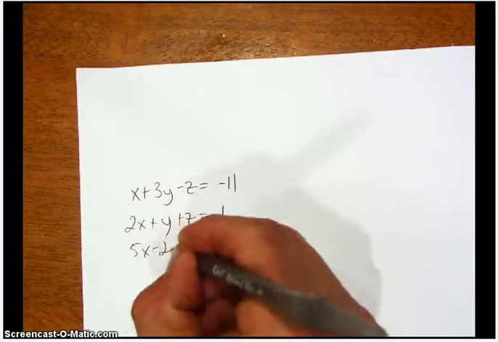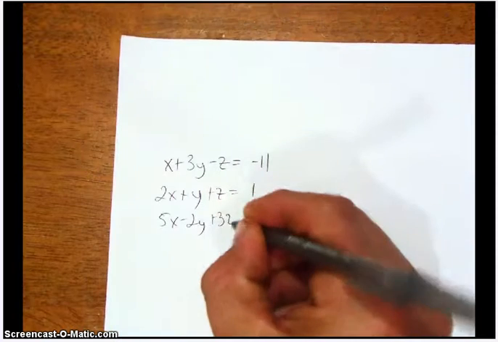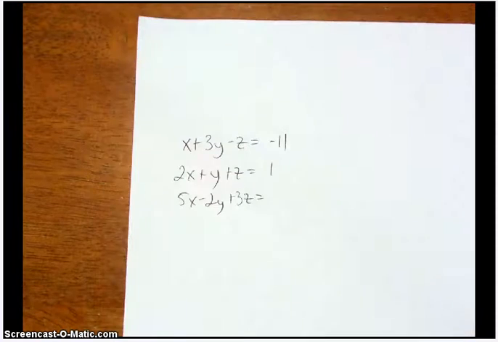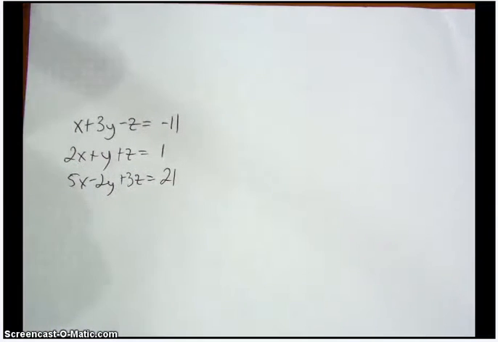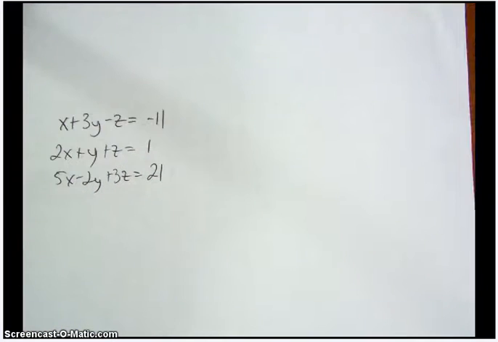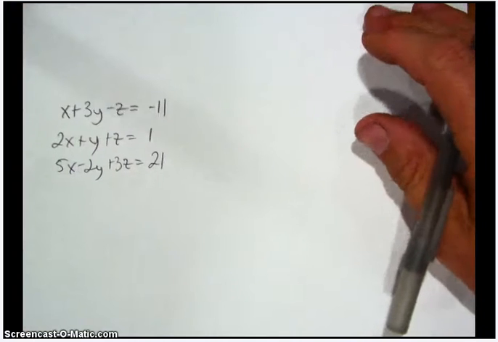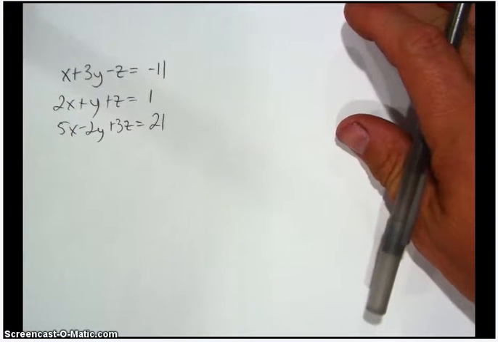And then 5x minus 2y plus 3z equals 21. It was typed down somewhere, but I made a mistake previously, so I had to rewrite it. So if you need to pause the video, go ahead and do so and copy this down. Then when you're ready, hit play.